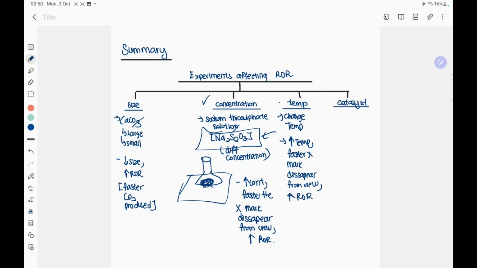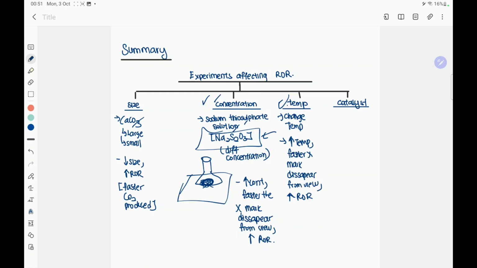This experiment and this experiment, the apparatus and materials, everything is the same. The setup of experiment is the same. It's just that for this experiment we change the concentration of sodium thiosulfate solution. For this experiment we change the temperature of sodium thiosulfate solution.